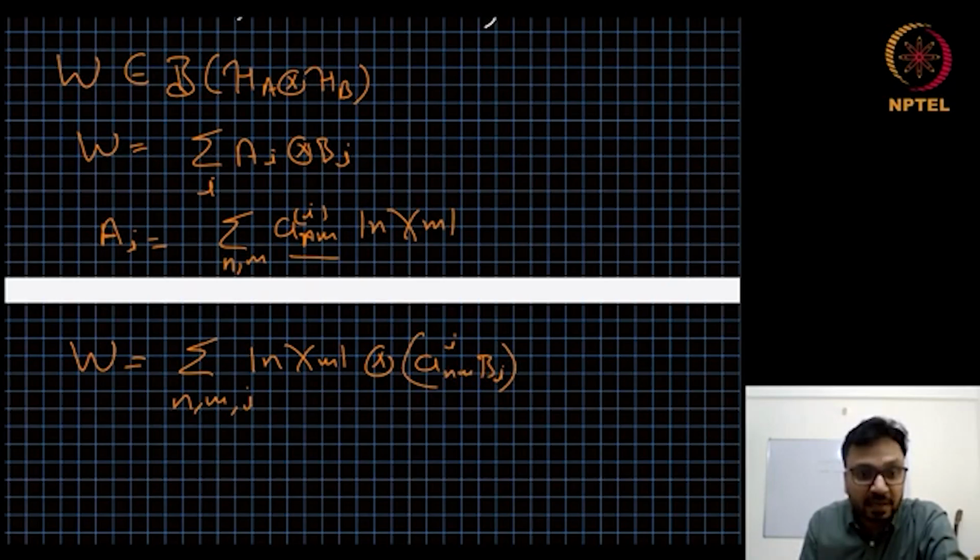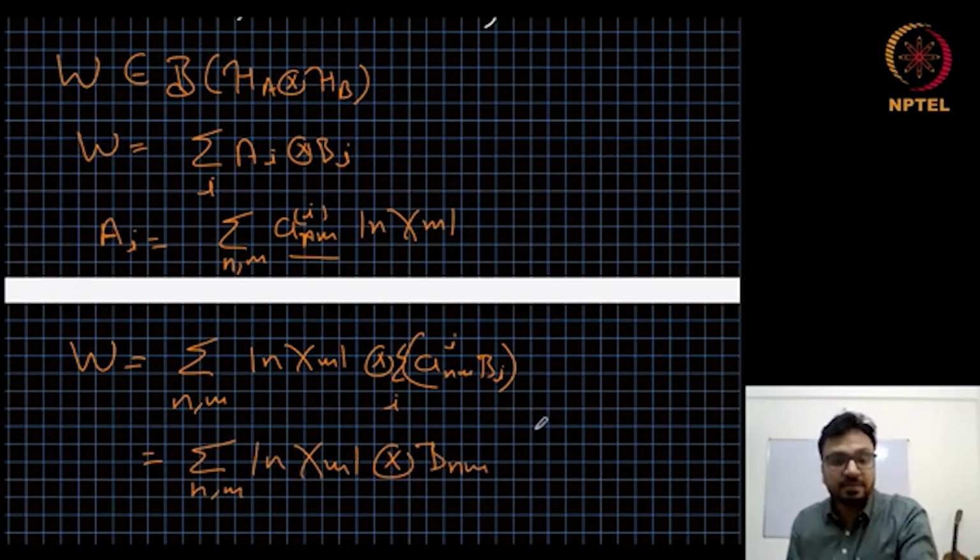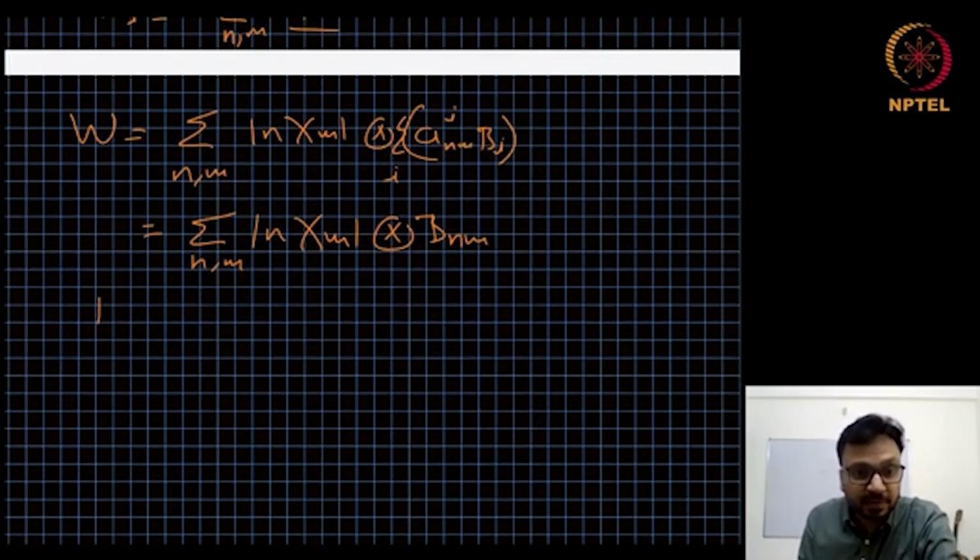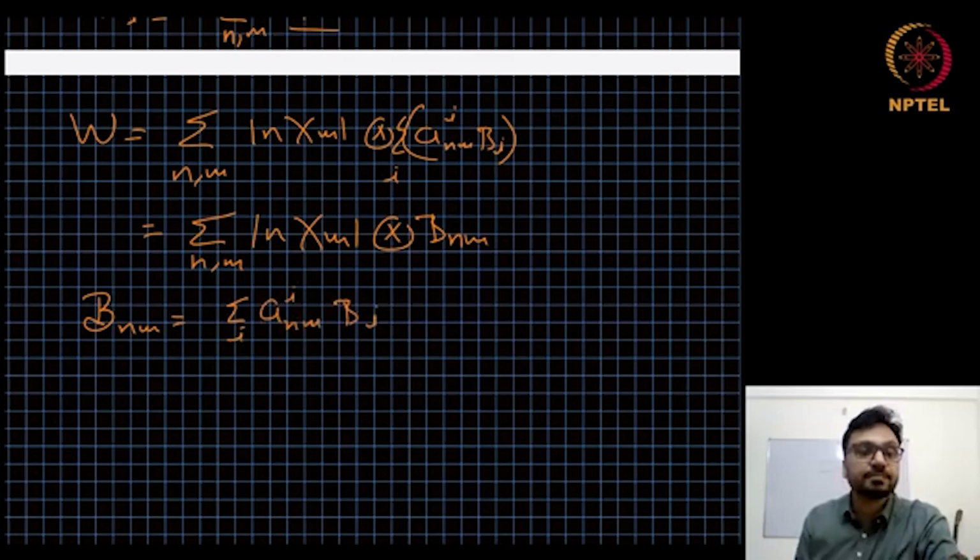The summation over i can go inside this. So we can write it as the sum over nm of |n⟩⟨m| tensor B_nm, where B_nm is an operator acting on Hilbert space B. B_nm is nothing but the sum over i of a_i,nm B_i. So what is the advantage of this?